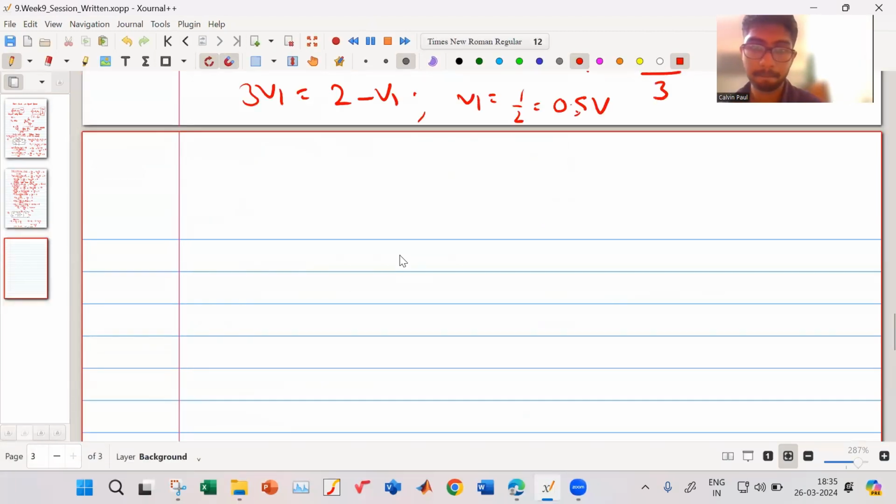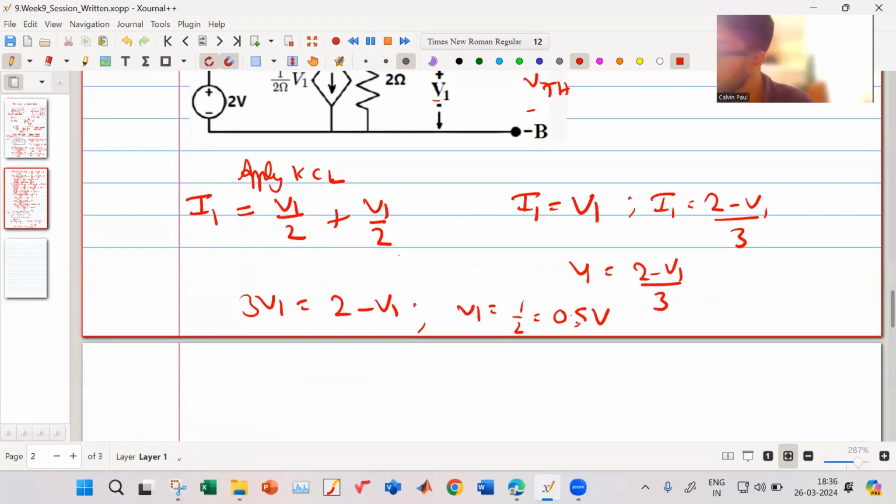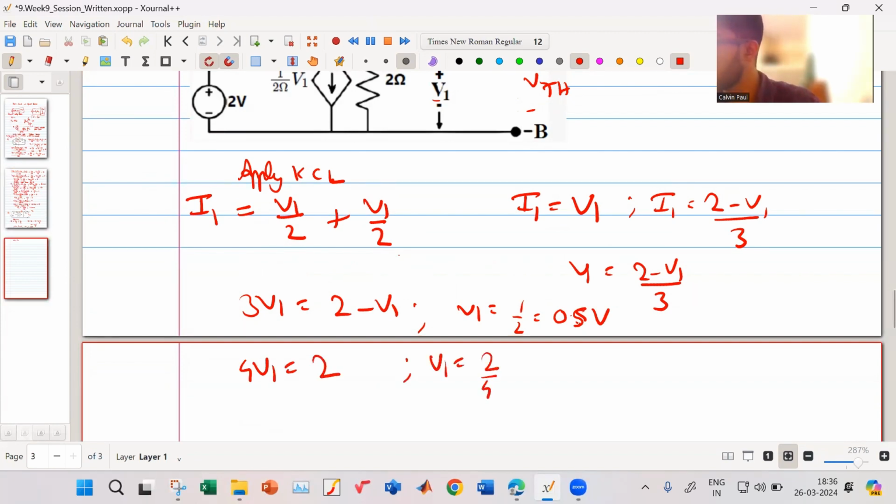Because it becomes 4 V1 is equal to 2, so V1 is 2 by 4, just 0.5 volt. What is your I1 then? 0.5 ampere. Your I1 is 0.5 ampere.